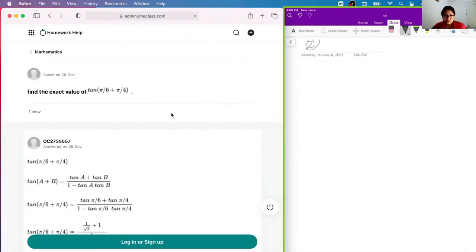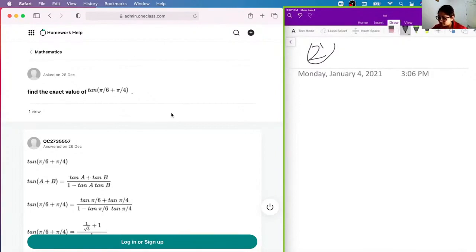Okay, so our next question says, find the exact value of tan(pi/6 + pi/4). To do this, we should first state the tan identity.